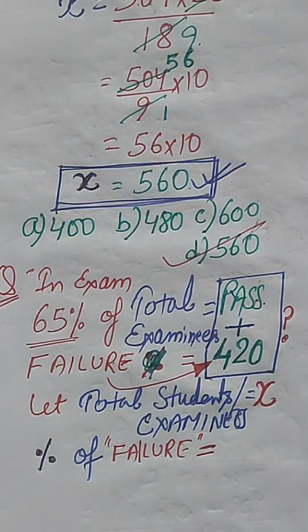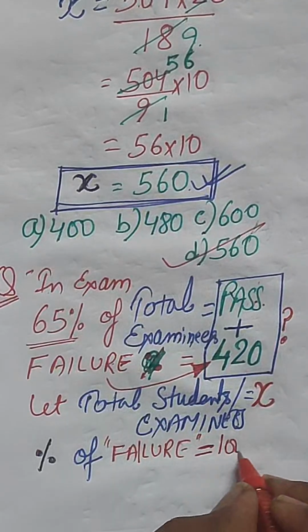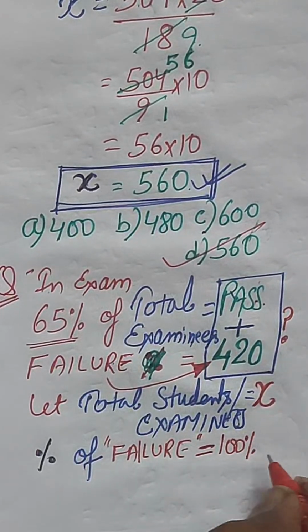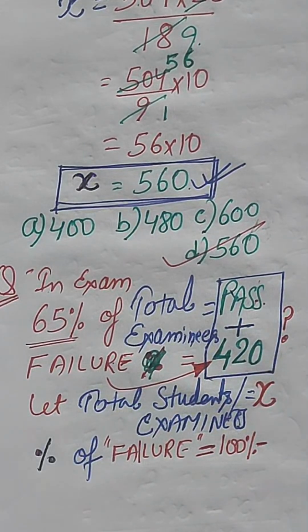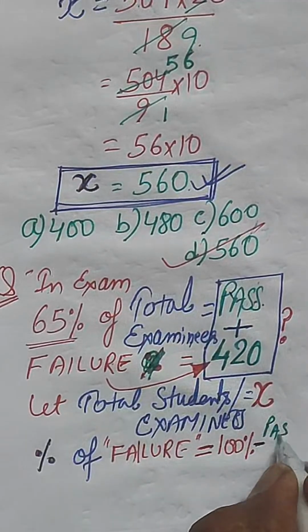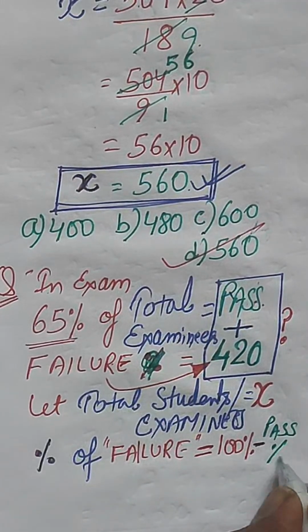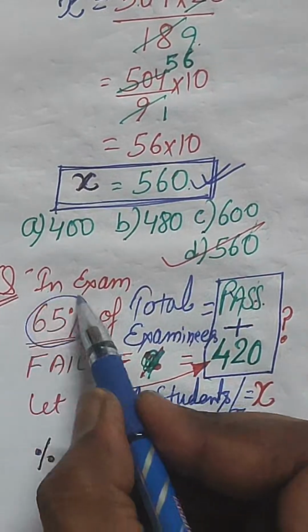We have already spoken many times. So the percentage of failure will be 100%, that is the total count, minus the pass percent. And what is the pass percent? It's 65, you can see here.